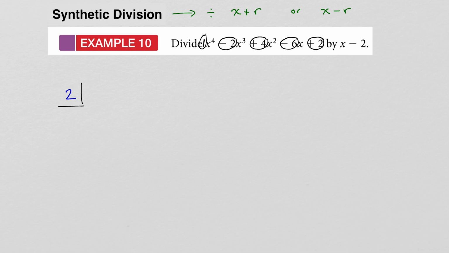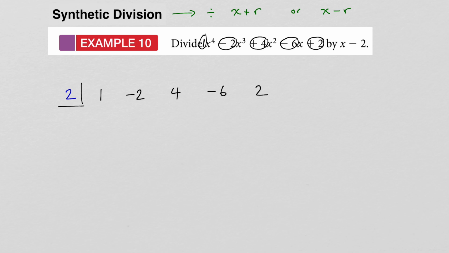So what I'm going to do is take all of those coefficients, and I'm just going to write them in order right here, and leave a little bit of space in between. So we have 1x to the 4th, negative 2x cubed, positive 4x squared, negative 6x, and positive 2.